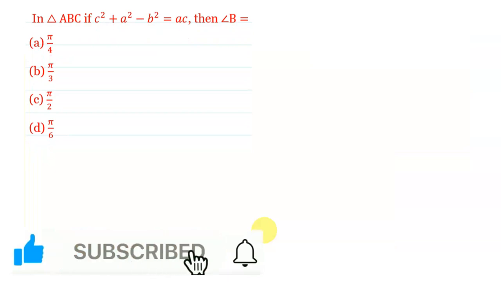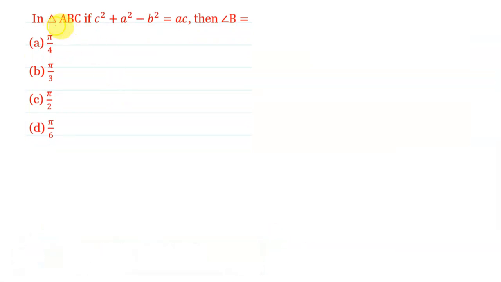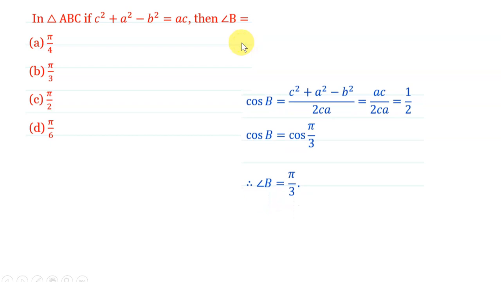Okay. Now the next. If in triangle ABC, C square plus A square minus B square is equal to AC, then we have to find the value of angle B. Now see this here. Cos of B is equal to C square plus A square minus B square upon 2CA. But what is the value of C square plus A square minus B square?